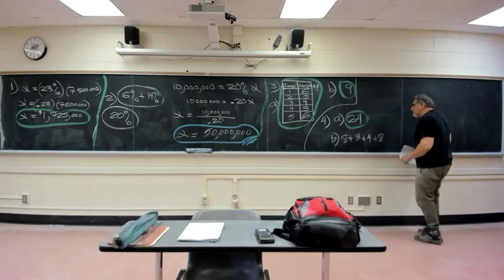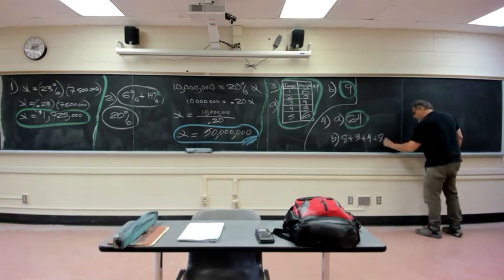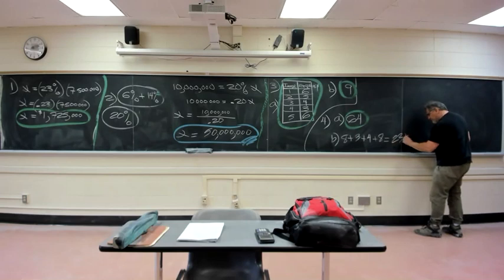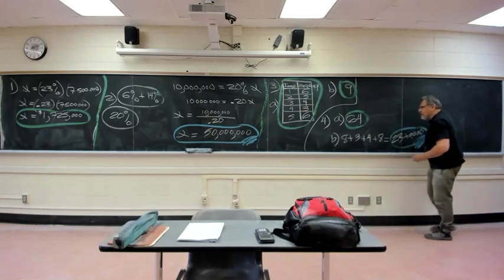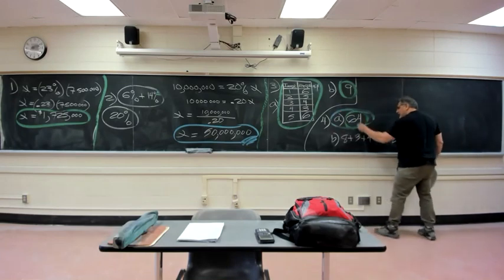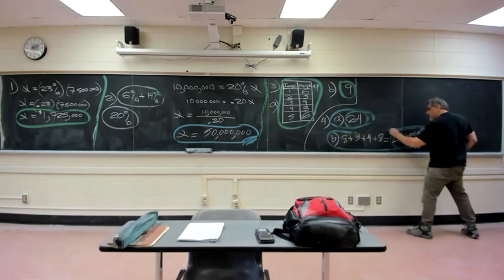Just add them together. When you add these together, you get a total of 23 teams. So that's for that one. We got this. We got that. We got 23 teams here.